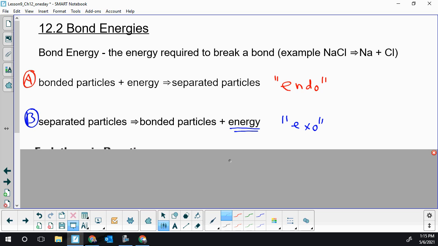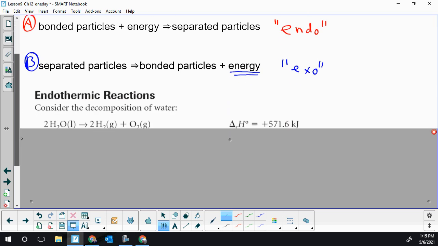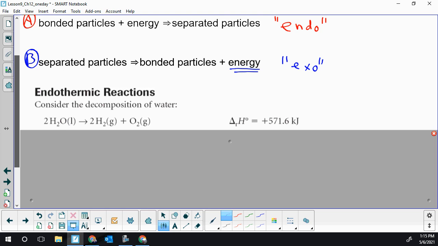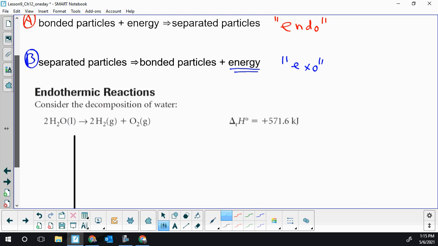Now I want to relate when we see bonded particles coming apart, and I'm going to color code that red, and when we see separated particles coming together and releasing energy, I'll color code that blue. And we're going to take a look at the decomposition of water for this example.